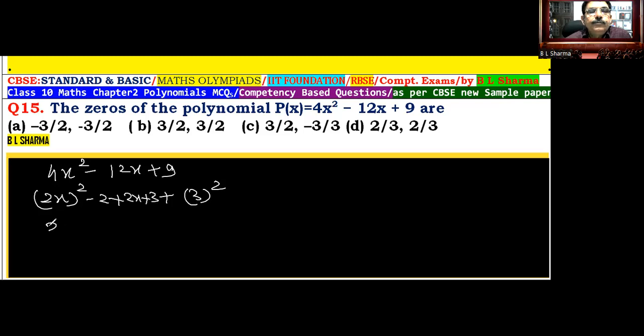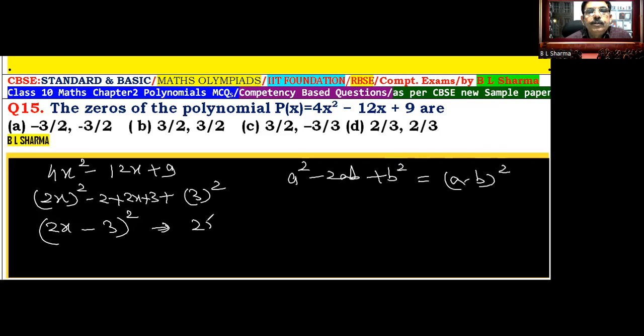So, this further can be written as 2x minus 3 whole square, using the identity a square minus 2ab plus b square is a minus b whole square.